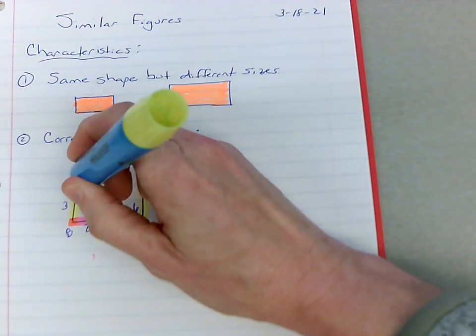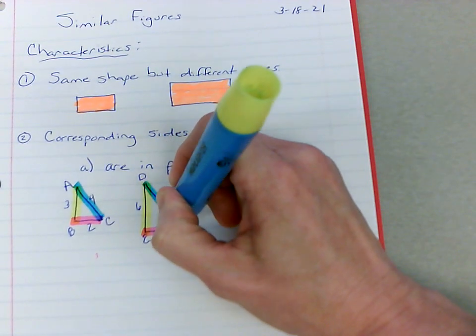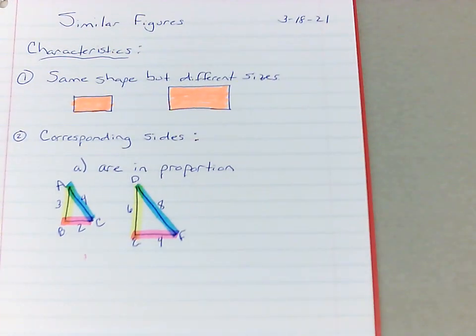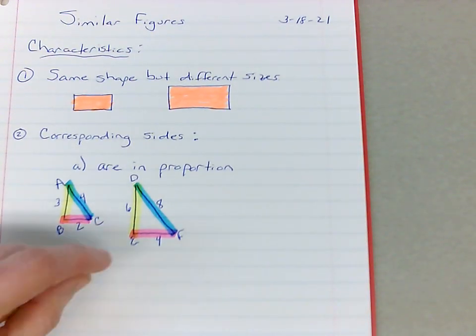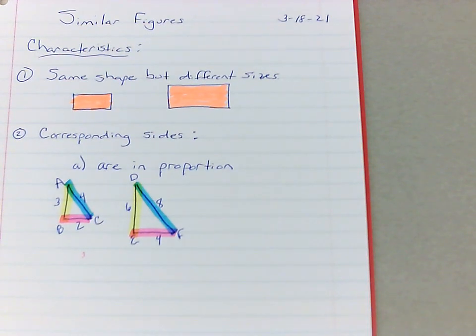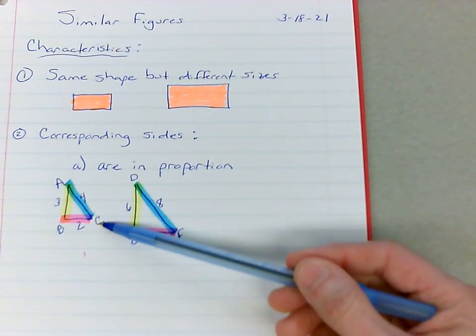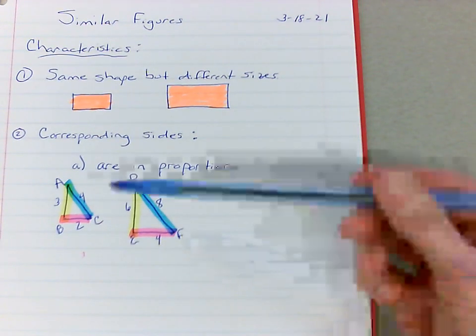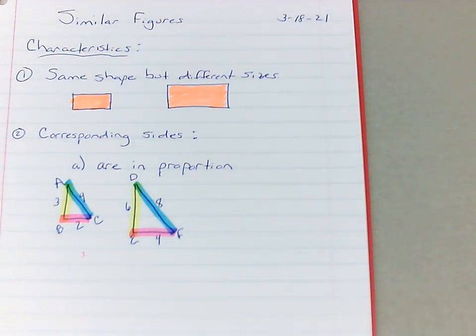Side AC corresponds with side DF. And so I'm highlighting the matching sides, meaning if I take this smaller triangle and pick it up and place it right on top of the larger one, AB is going to match DE, BC is going to match EF, AC is going to match DF. So that's what it means as far as matching corresponding sides.